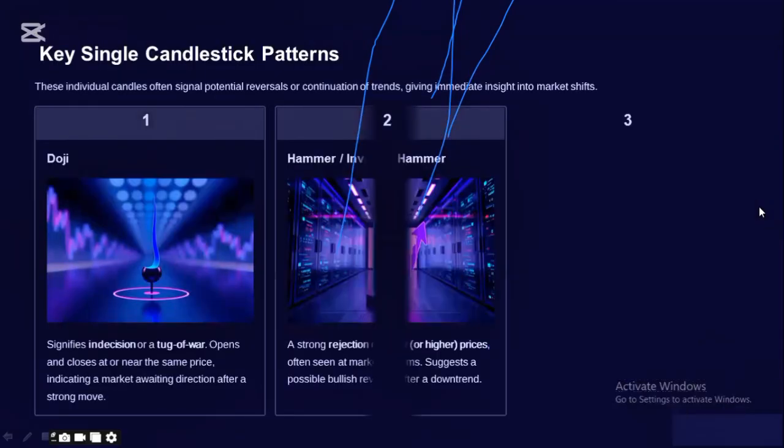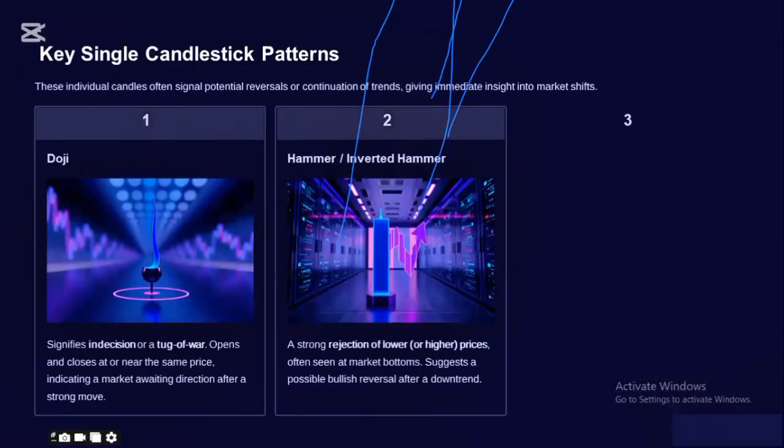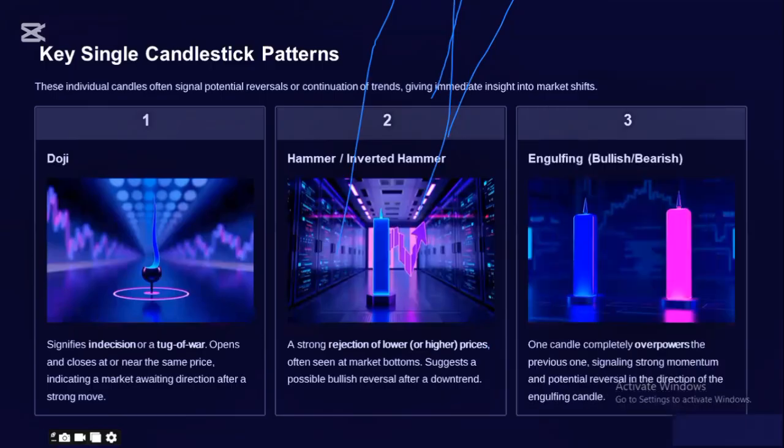So we have the doji candlestick, the hammer or inverted hammer, and the engulfing candles. Hopefully in the next section we will quickly talk about them. The doji candlestick simply signifies indecision or a tug of war.